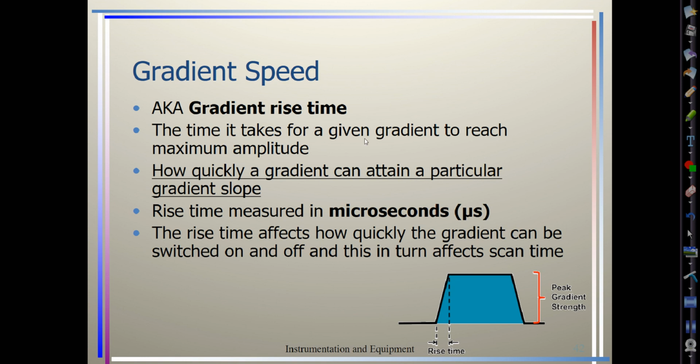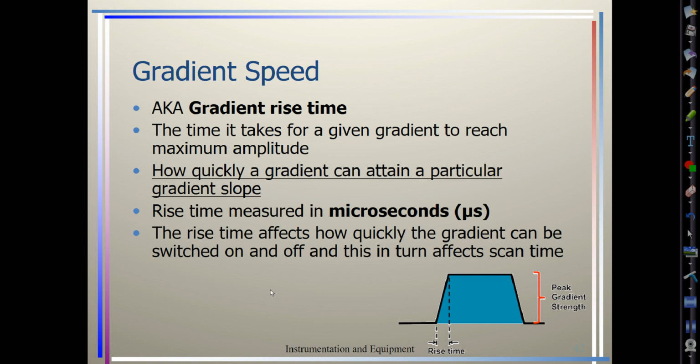So the time it takes for a given gradient when it's not turned on, so we haven't even turned this gradient on, it's got its baseline, 0. But then the time it takes from when it's activated until it's at its peak gradient strength. That's our rise time. So how quickly a gradient can attain a particular gradient slope.